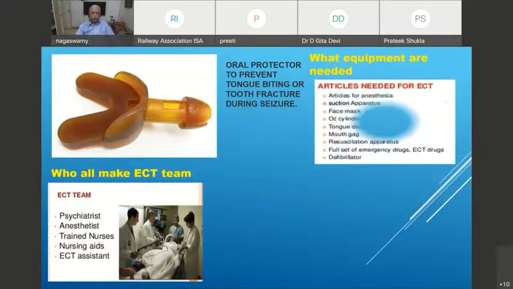You need articles for anesthesia, suction apparatus, face mask, oxygen cylinder, tongue depressor or bite block, and a full set of emergency drugs. This is what I asked in the beginning. If it is a NORA procedure, you have to remember it by the mnemonic SOAP, SOAP me: suction, anesthesia equipment, oxygen, pharmacy, all those things are given in that.